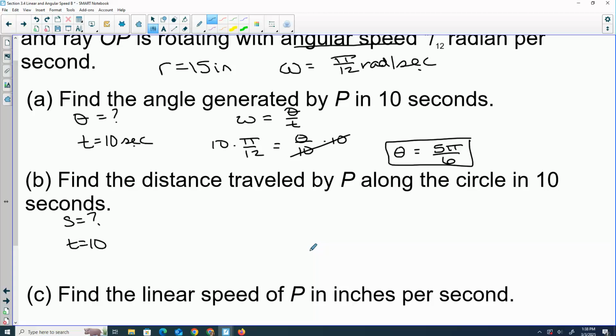Do we have R? Yeah. Do we have theta? We actually can. We found it in part A, so we could use that. My other option with S is V equals S over T. I don't have V, so I think the easiest option would be S equals R theta here.